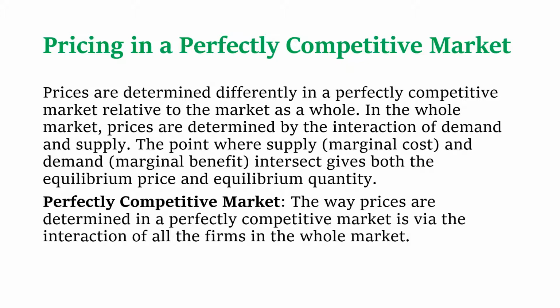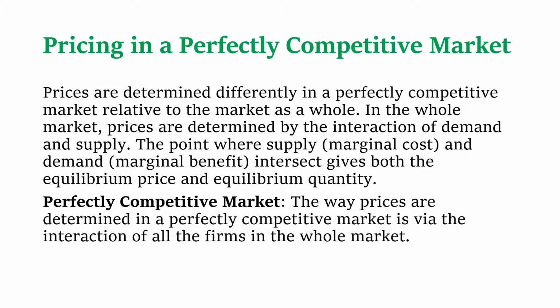Now let's look at the pricing in a perfectly competitive market. As I said earlier, prices are determined differently in a perfectly competitive firm relative to the market as a whole, relative to the industry. In the whole market, prices are determined by the interaction of demand and supply.